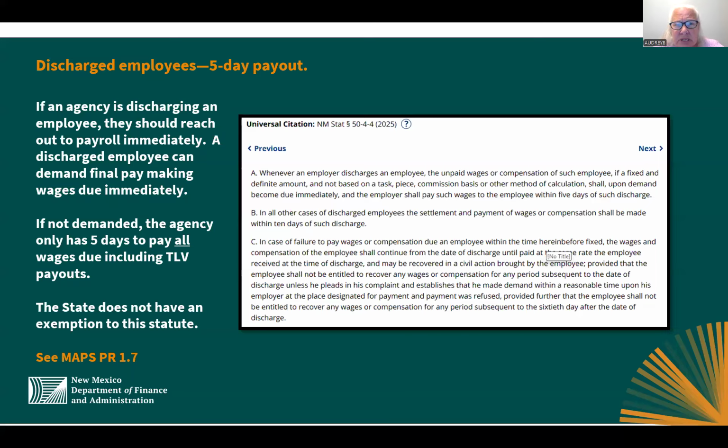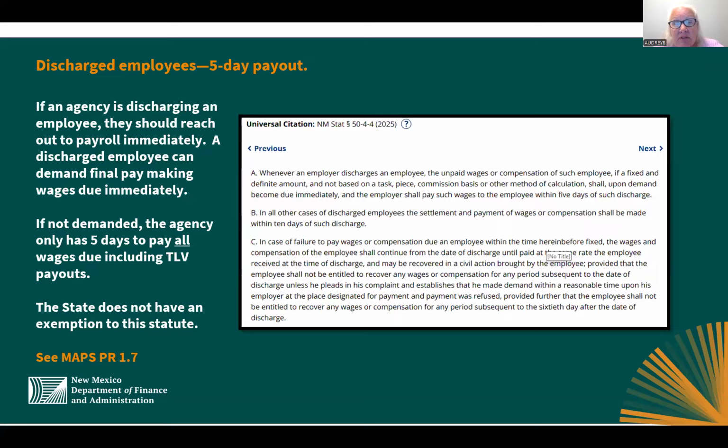When I spoke with DWS, this is part of their requirements as a settlement from a lawsuit that they were involved in, where one of the civil rights agencies actually sued them for not, quote unquote, following the law.